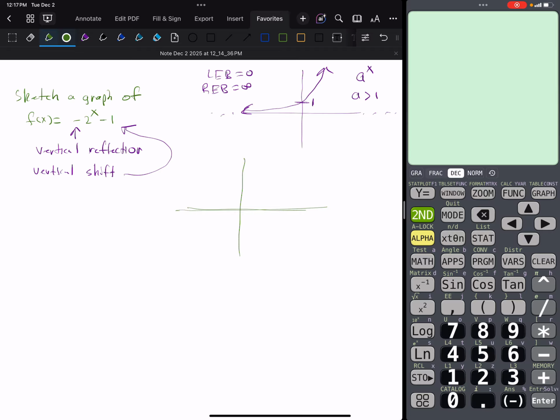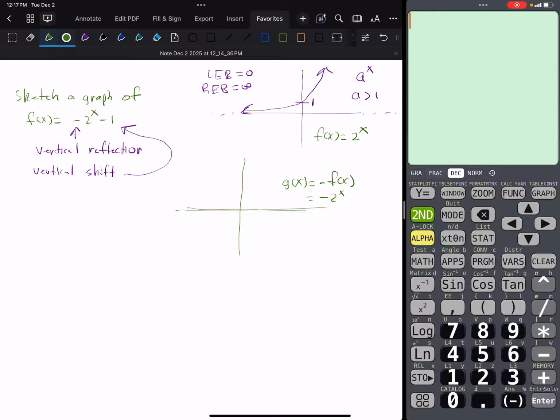So my first transformation is going to be the negative 2 to the x. So this would be my f of x equals 2 to the x sketch. And now my sketch, we'll call it g of x, equals negative f of x, which is that vertical reflection. That'll be negative 2 to the x.